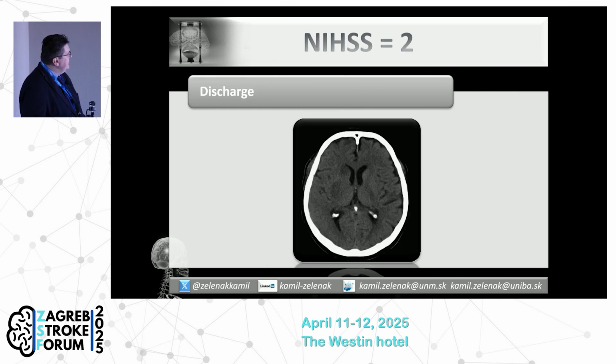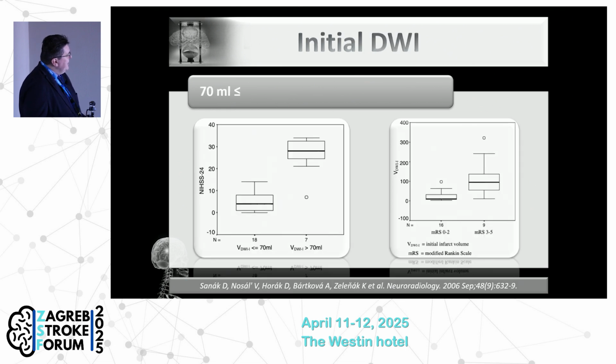And what you can see here, at the discharge, there was big improvement of the patient, and he was discharged nearly without any symptoms. Then we collected the data, and we found that if you treat the patient with a core or lesion on diffusion weighted image with volume less than or more than 70 milliliters, you can achieve different results.